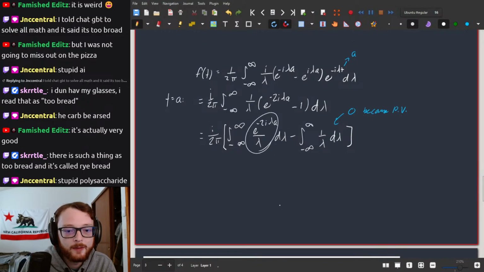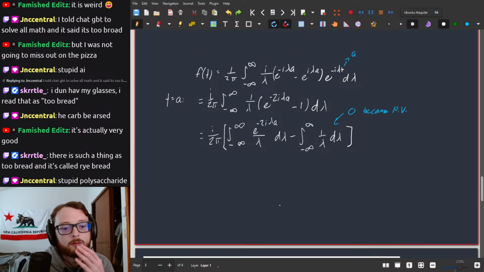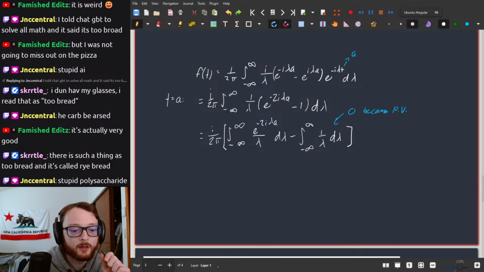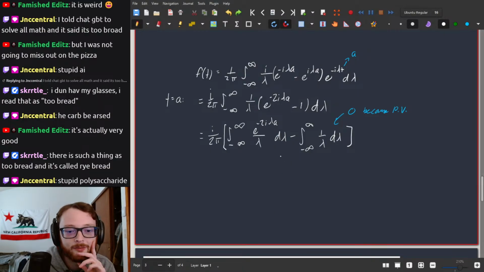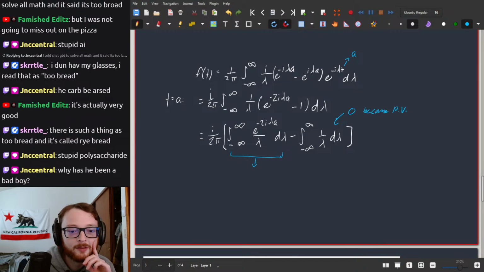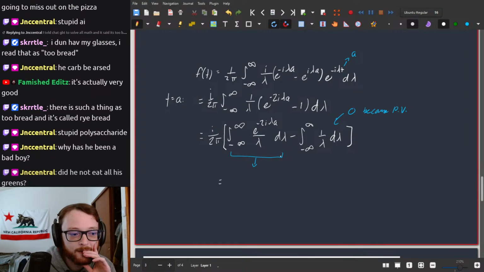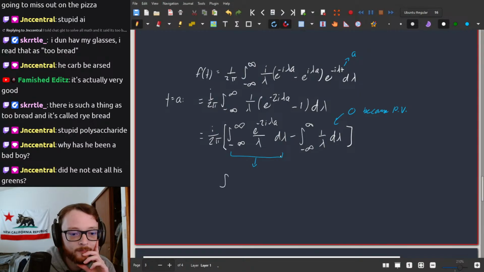And then this bad boy. That's so sneaky. It seems like splitting them into two integrals.